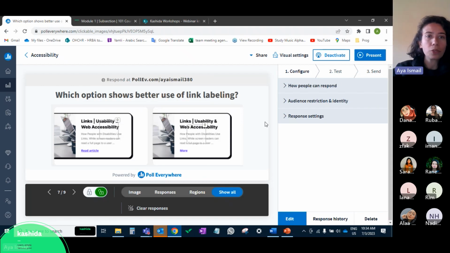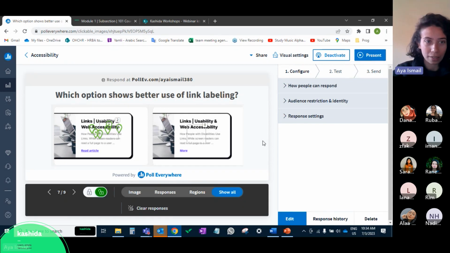All right, so which option shows better use of link labeling? I need you to be a little bit quicker to answer because we're running a bit short on time. Good. Okay, we have 5 answers so far. All of them are saying the one on the left.